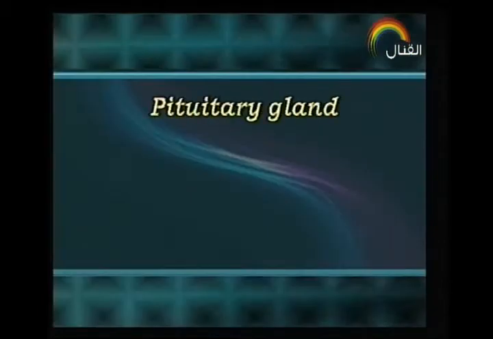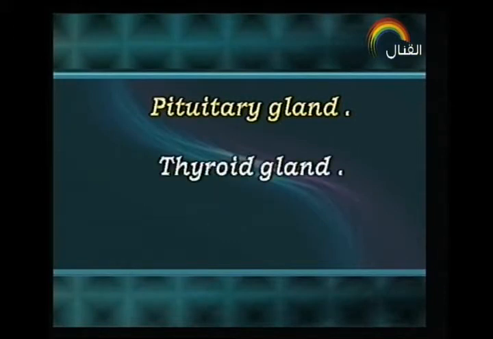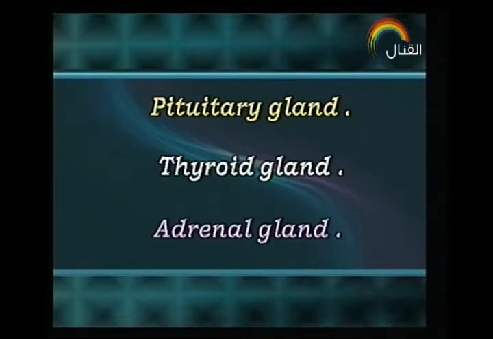From the types of glands that we have inside our body, like the pituitary gland, which is found inside the brain, the thyroid gland, which is found over the neck, and the adrenal gland, which is found over your kidney.